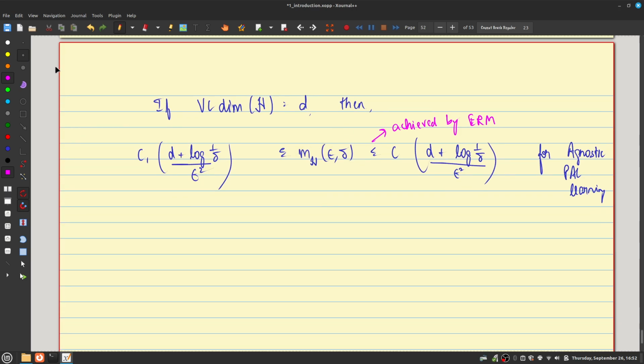So this is true for agnostic PAC learning, but if you knew that H was equal to the concept class, then you can shave off another factor of epsilon, and this is just D plus log 1 over delta divided by epsilon.